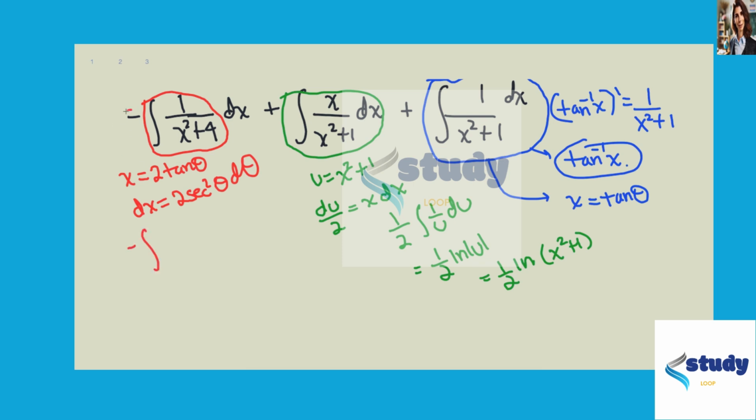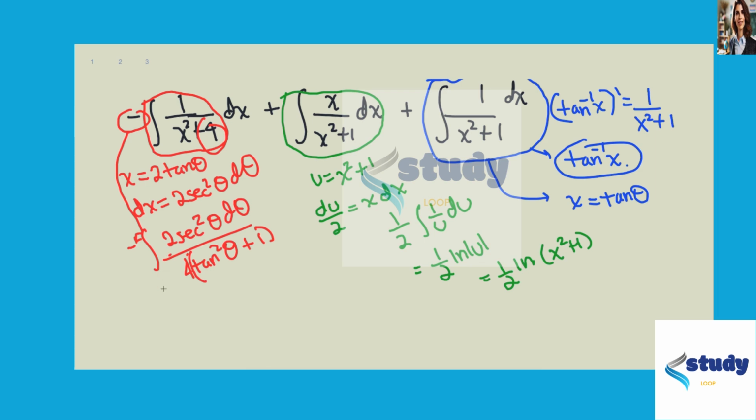I'm still writing this negative up here. We have negative, and then dx, that's 2 secant squared theta d theta. And on the bottom, we have x squared, so that's a 4 tan squared theta, and then plus 4. Let me go ahead and factor out that 4. So we have a 4 outside now.